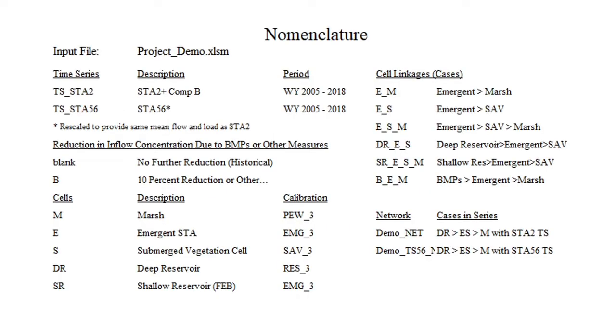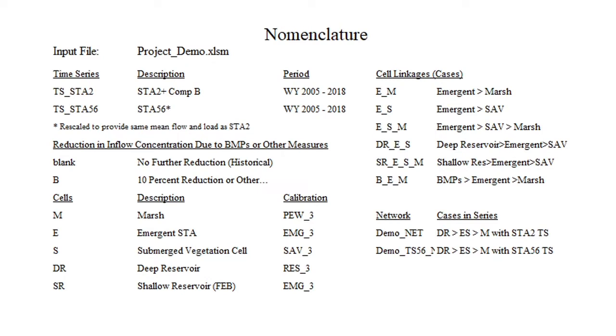I'm also using this nomenclature to make it easier to find a particular template or case that you want to try running. The demo file has 2 time series, one for SDA2 in compartment B, and the other time series for SDA 5.6, and that's been rescaled to provide the same average flow and load as SDA2.